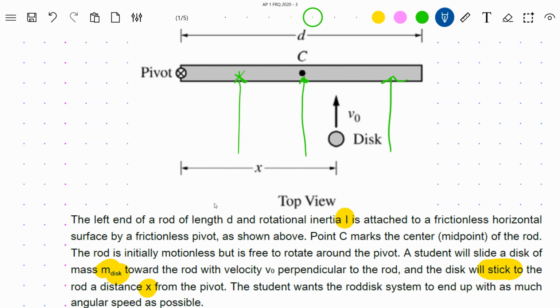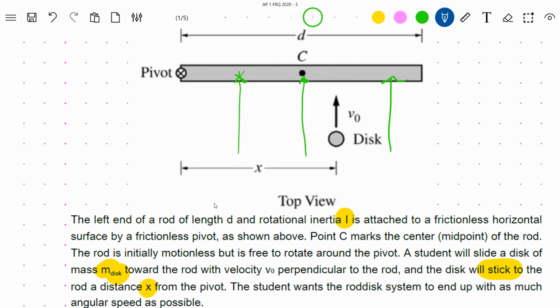Another way to think of it is that upon impact, there's going to be this interaction of the disk exerting force on the rod and the rod exerting force on the disk. Let's just focus on what's going to happen to the rod here.